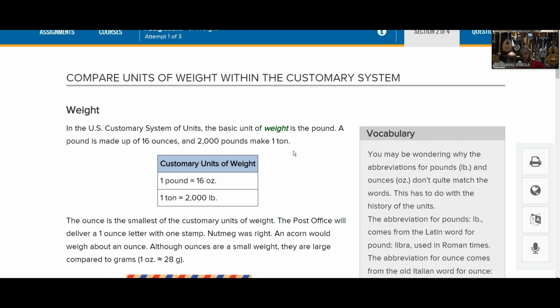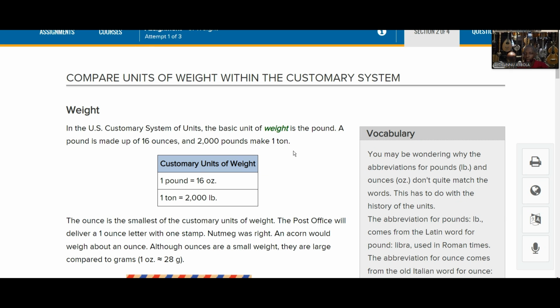Okay, so we need to take note of this. Also, the ounce is the smallest of the customary units of weight. The post office will deliver a 1 ounce letter with one stamp. Nutmeg was right. An acorn would weigh about an ounce.